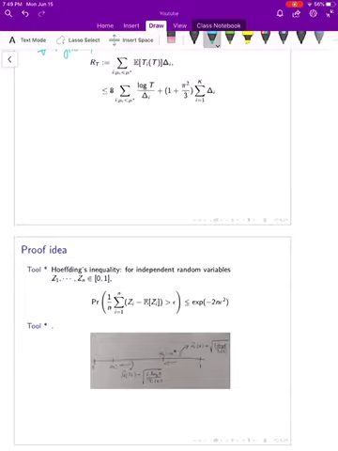One is the concentration inequality called Hoeffding's inequality. Hoeffding's inequality says if we have independent random variables Z_1 through Z_n, which are bounded between 0 and 1, then the probability that the sample average differs from its mean by at least epsilon can be bounded exponentially with respect to the number of samples n.